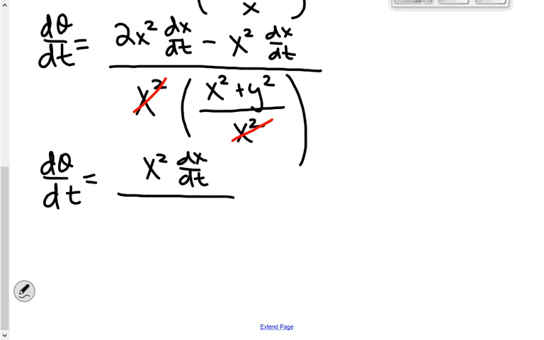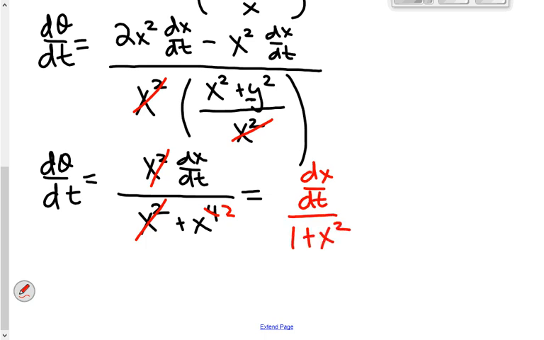Okay, so that's going to give us x squared, and then when we substitute in for the y, we get x to the fourth. Correct? Because it's y squared, but y is equal to x squared, and x squared squared is x to the fourth. You with me? Okay. And then I can get rid of an x squared out of the whole thing, which gives me dx/dt over 1 plus x squared.